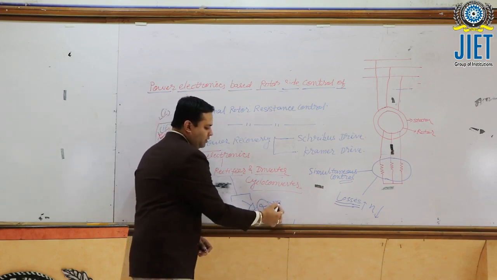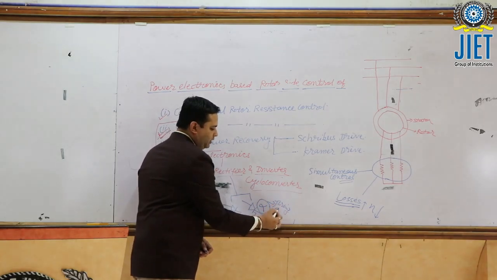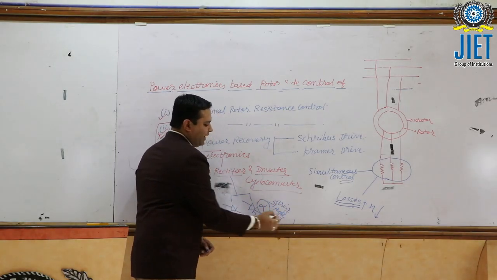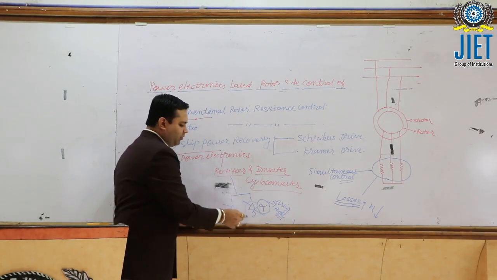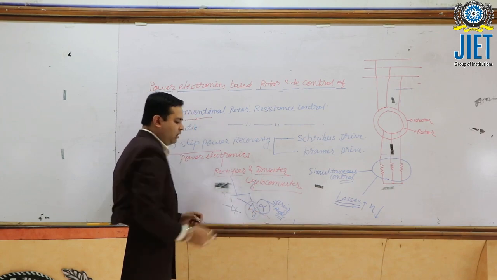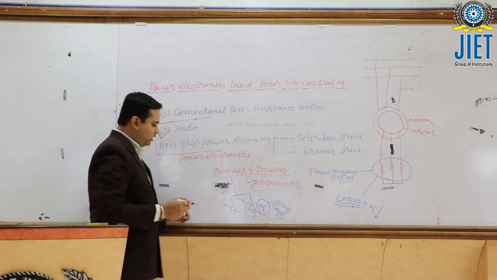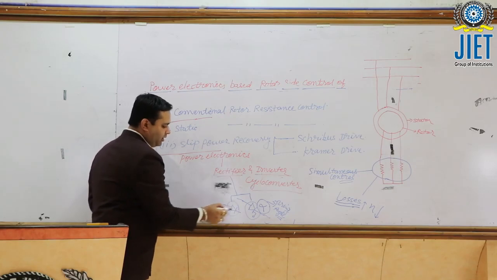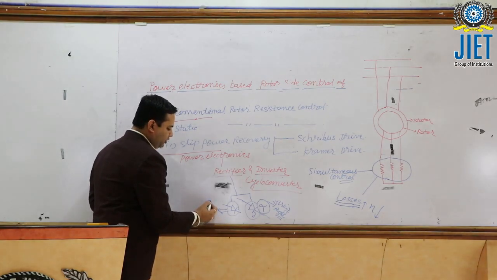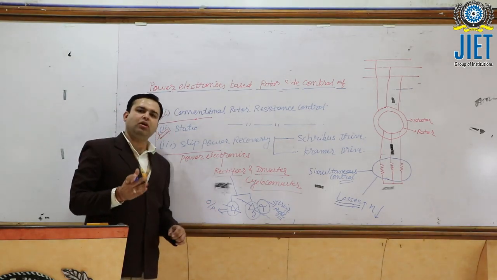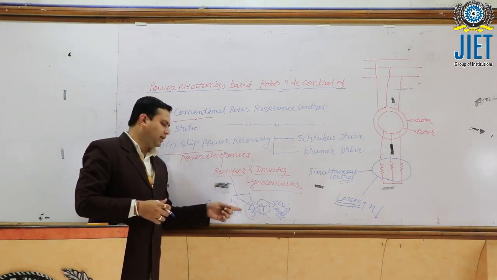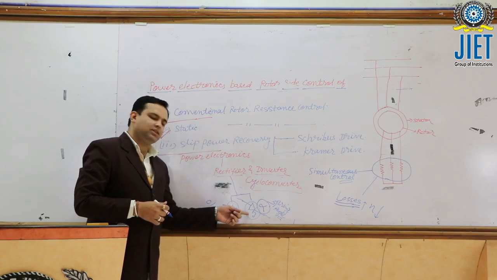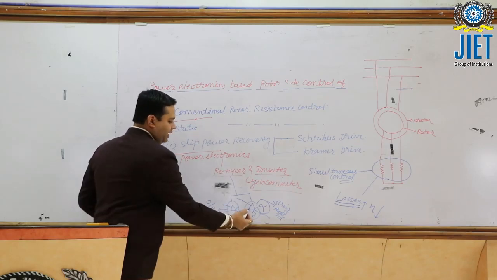This alpha is called the firing angle. So if we change the level of firing angle, we can change the DC, and we get the variable output from the thyristor rectifier. In the case of the diode rectification, we cannot change the output. It means the output is not variable if we are using the diode rectification, while if we are using the thyristor, then the controlled rectification is obtained.